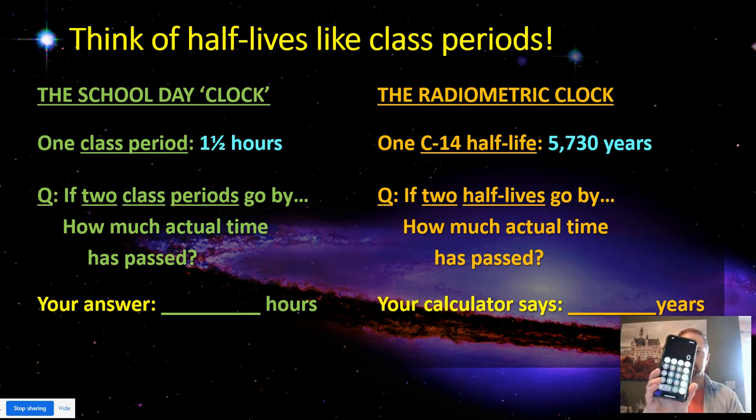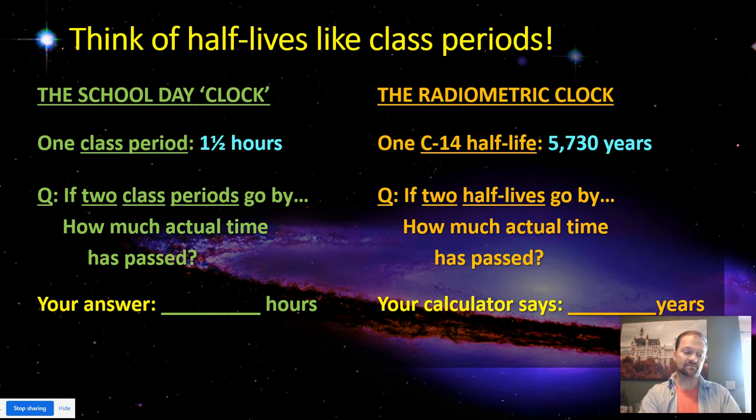Okay, got my calculator up, and I'm going to do this with me. Why not, right? Do this with me. 5730, okay, times 2. So 2 half-lives, 2 periods worth of carbon-14, and I get 11,460. I think you probably got the same one.